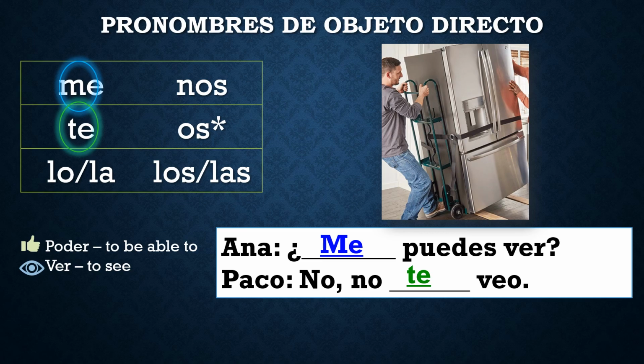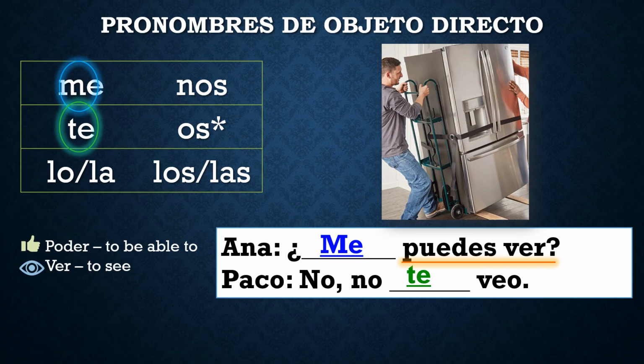Now, here's something interesting. See how these two verbs, puedes ver, are working together as a verb phrase? Can you see? Puedes ver. Whenever we have two verbs working together as a verb phrase, we have an interesting option.